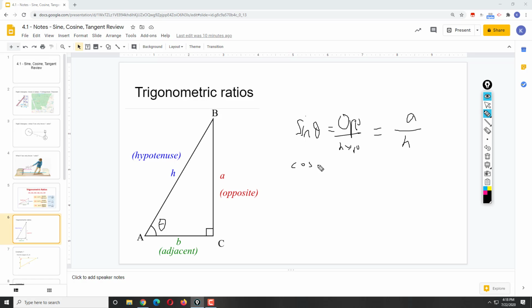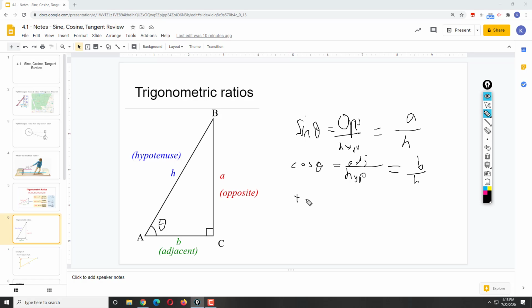Cosine theta is adjacent over hypotenuse, so cosine theta would be B over h. Notice that sine and cosine can't be larger than 1 because A has to be smaller than h, B has to be smaller than h.